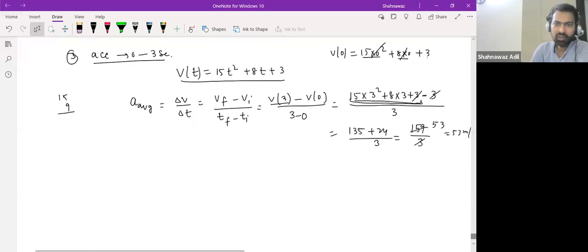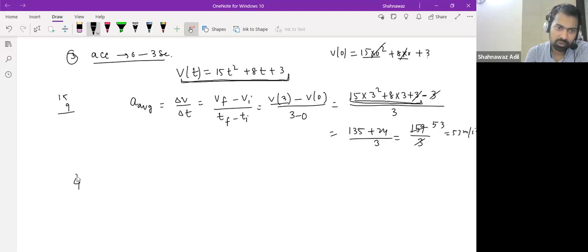Luckily, what we have calculated helps. If the first two questions were not there, then we needed to find this first, right? So we need to calculate the instantaneous acceleration.